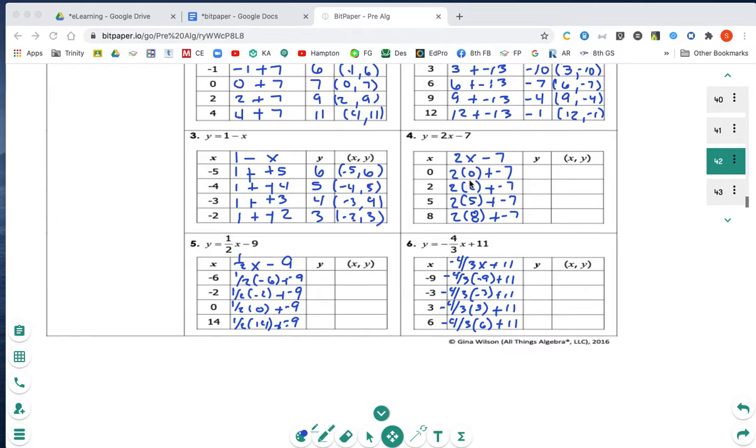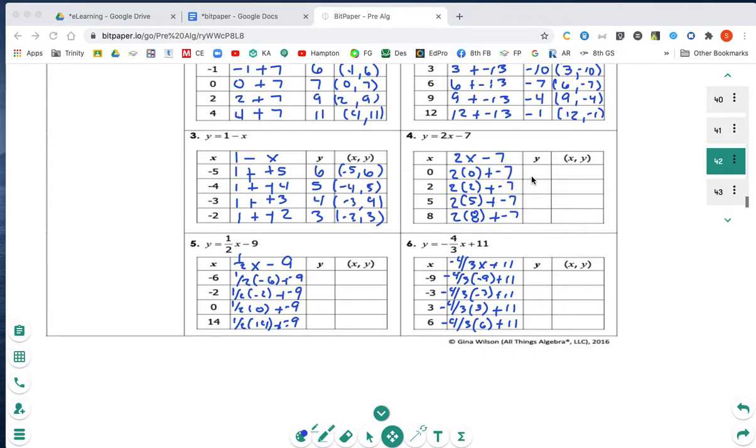Okay, our next one. Now we are multiplying 2 times our value of x. So we're going to take our x value and put it in, and we're going to multiply it times 2. So 2 times 0 is 0, plus negative 7, because we never subtract. We add a line, change the sign, or we keep, change, change.